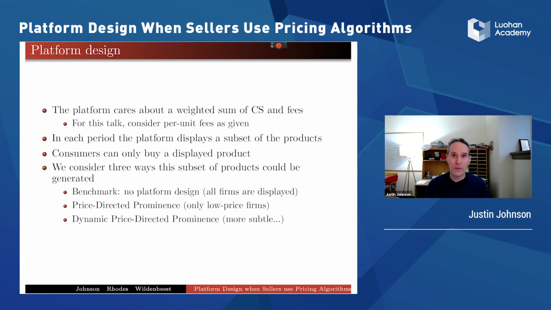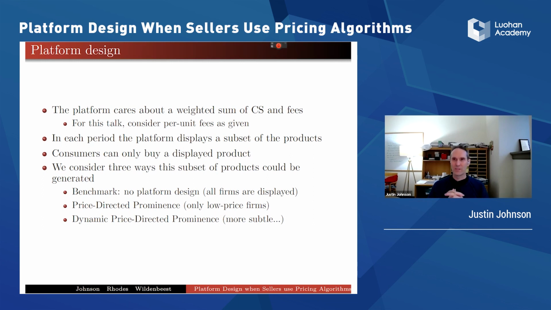What does the platform want to do? Well, again, as I said, I'm not going to talk a lot about the platform's objectives. That's in the paper. If you're interested, we have a lot of stuff on that. But just briefly, what you should imagine is that the platform cares about a weighted sum of consumer surplus and the total fees or commissions that the platform generates. And so what I'm going to focus on for this talk are per unit fees.